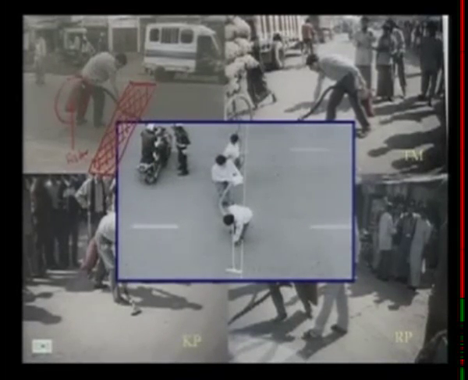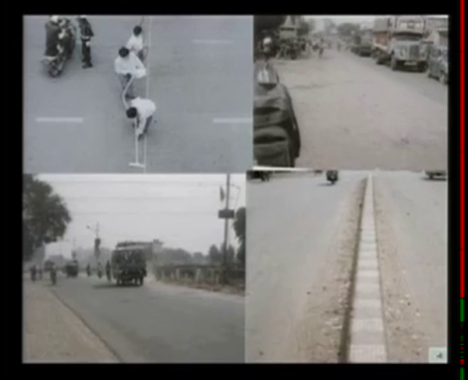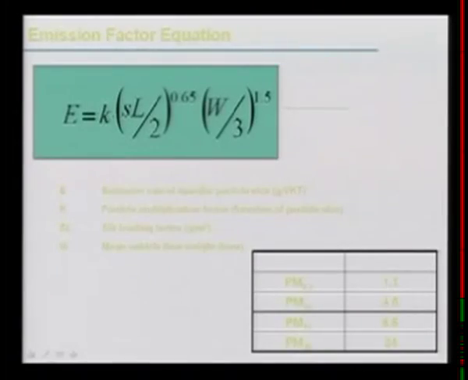What you need to do is collect the pollution, the particles, dust from here, then bring the collected dust to the lab and do some measurements there.